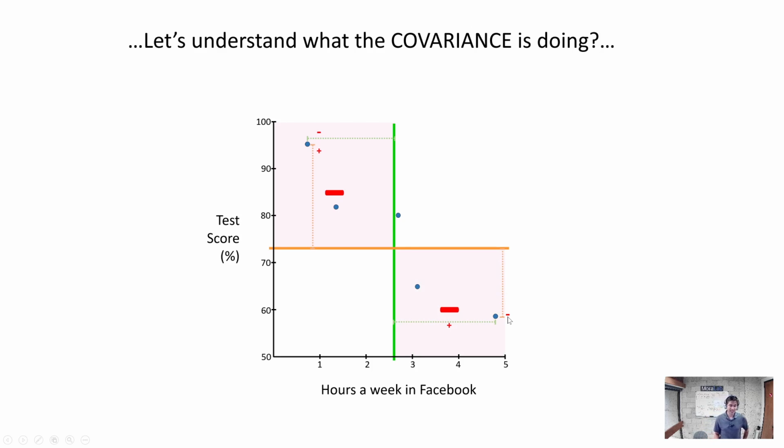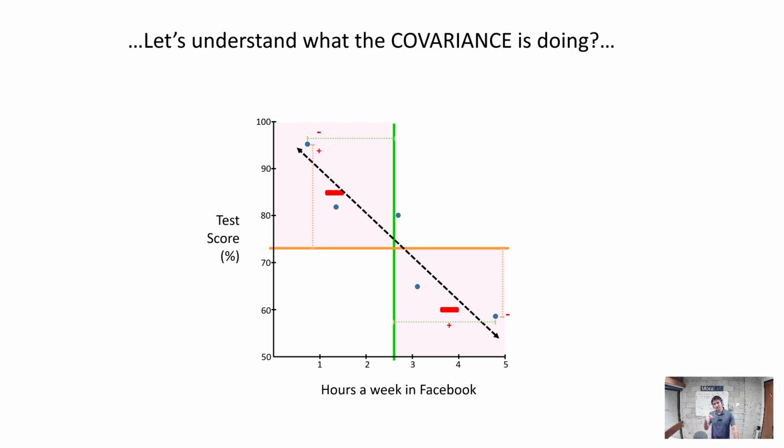And so will any point in this box here. So when you have data that follows this trend, every point will contribute negatively, making the covariance negative and larger. You are adding up a lot of negative values, so the consequence is that the covariance will be negative and large.